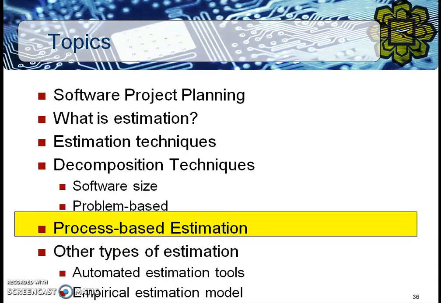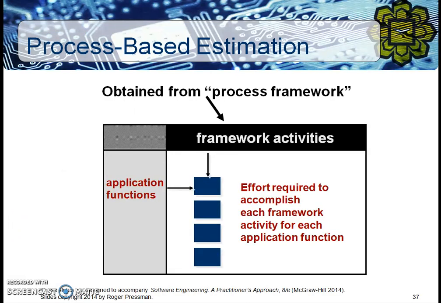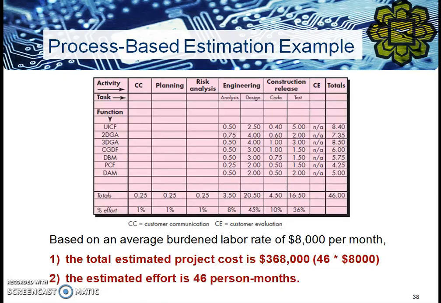Now we're going to look at process-based estimation. Process-based estimation is slightly different from problem-based estimation, where it is obtained from the process framework, like your process model or the software development methodology. From there, the effort required to accomplish all the activities or tasks in the process model is decomposed into a few elements.